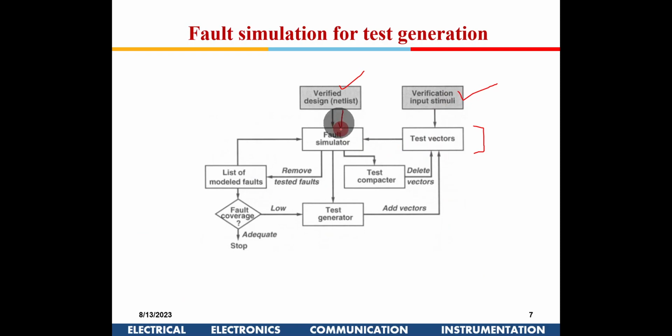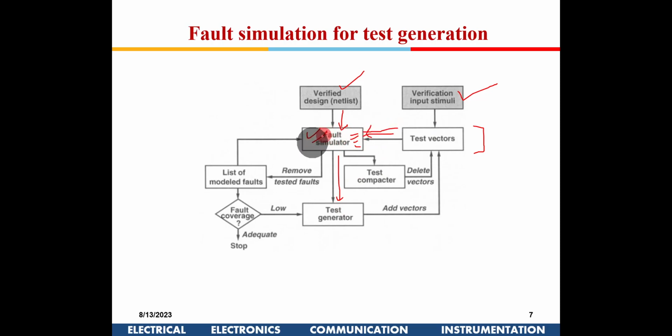Then this netlist I am going to give to the fault simulator. In the fault simulator, I will now have a lot of faults in the fault list. Now insert all the faults. From the fault list, I am going to apply a test vector, say one test vector.